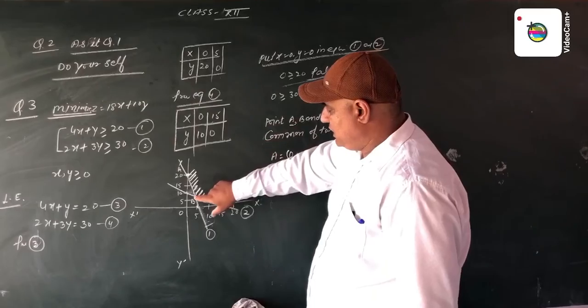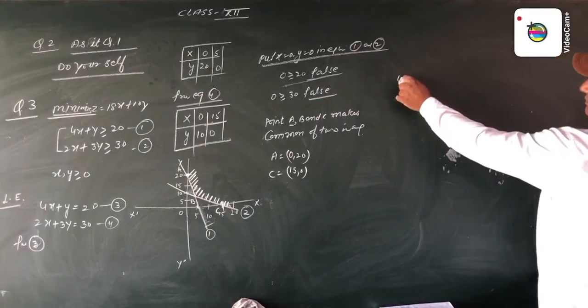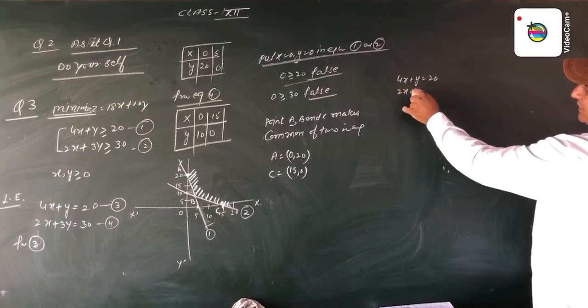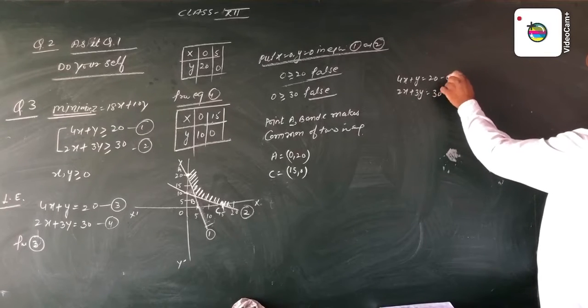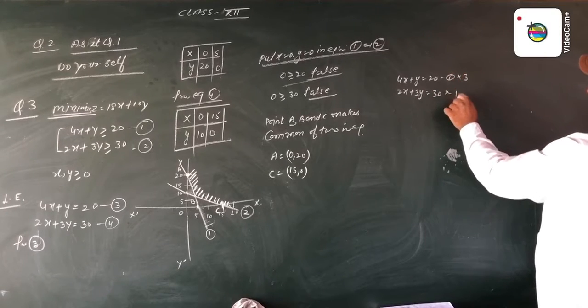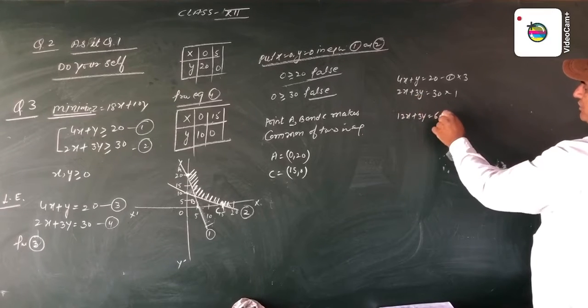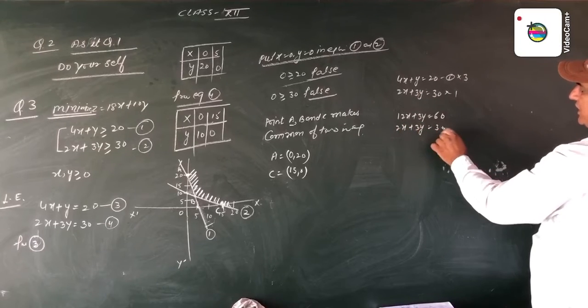Now we discuss point B. We solve these two linear equations: 4x plus y is equal to 20 and 2x plus 3y is equal to 30. If we multiply equation first by 3, then 12x plus 3y is equal to 60, and 2x plus 3y is equal to 30. Now subtract.